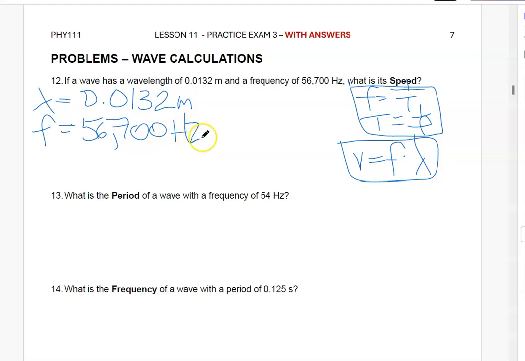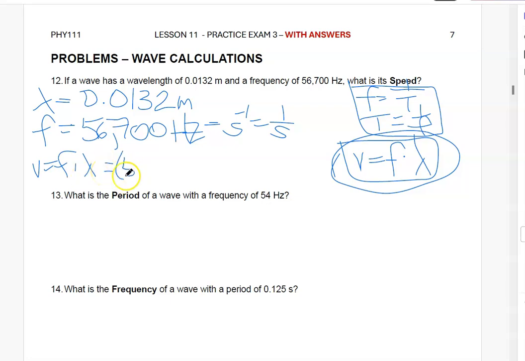And remember, hertz is the same thing as seconds to the minus 1, or 1 over seconds.